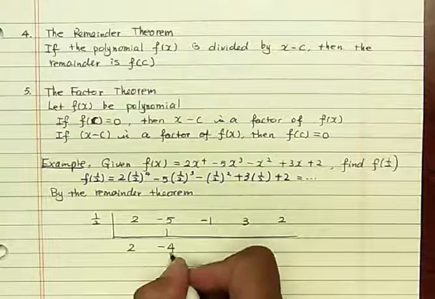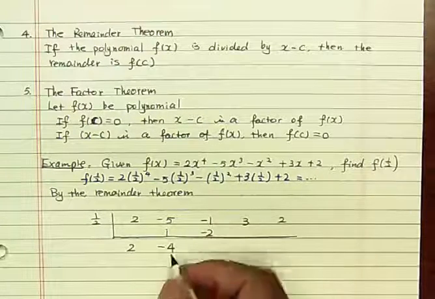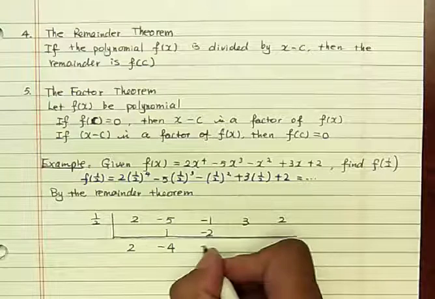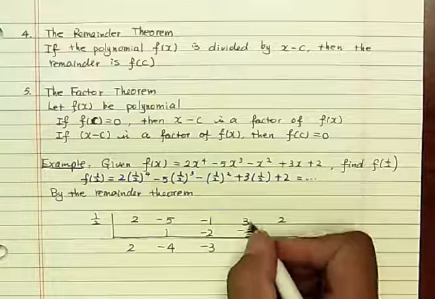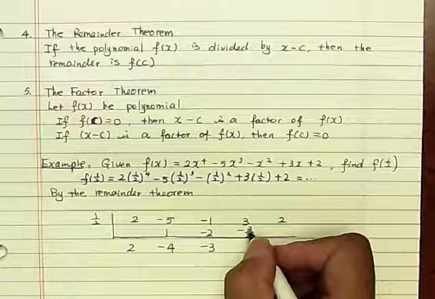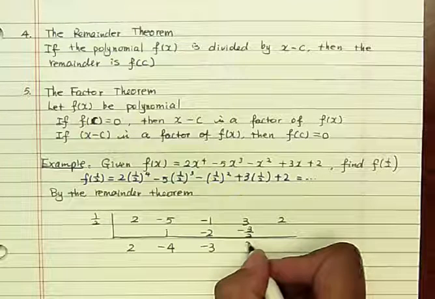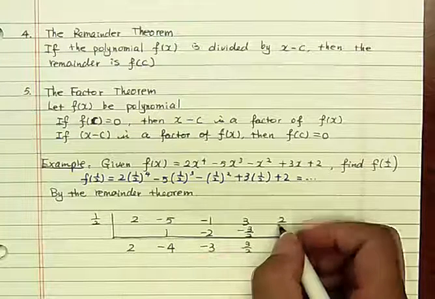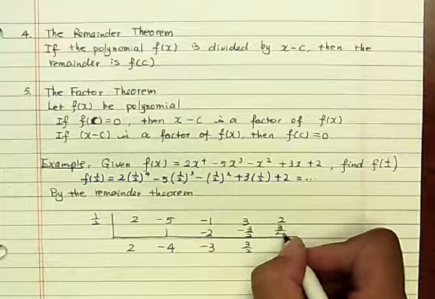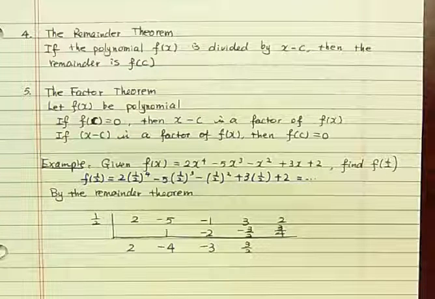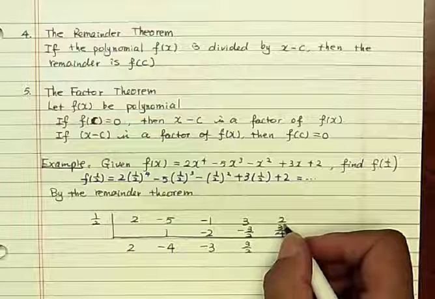Then -4, times 1/2, that's -2. -2 added to -1 is -3, times 1/2 is -3/2. Then 3 plus -3/2, that's the same as 6/2 minus 3/2, that's 3/2, times 1/2 gives us 3/4. Then 3/4 added to 2 gives 11/4.